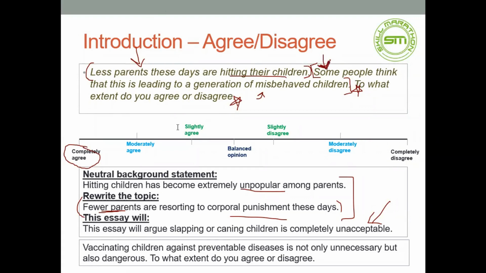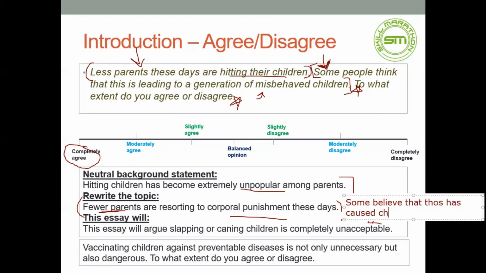I can also rewrite that and put it here in my rewrite of the topic, where I say some feel or some believe that this has caused children to become misbehaved, okay?